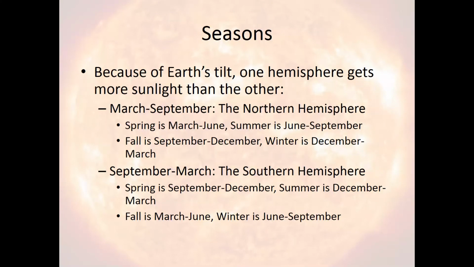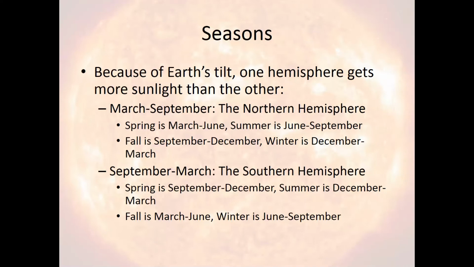So in a sense, what this means is that when you cross into the other hemisphere, seasons flip. You literally are now in the opposite season. So when it's spring here, it's fall down there. When it's summer here, it's winter down there. When it's winter here, it's summer down there, and so on.